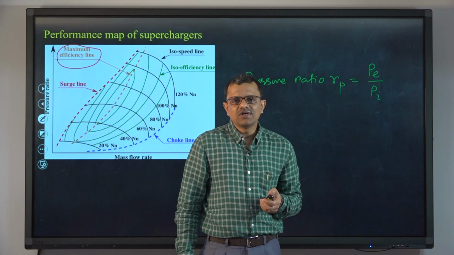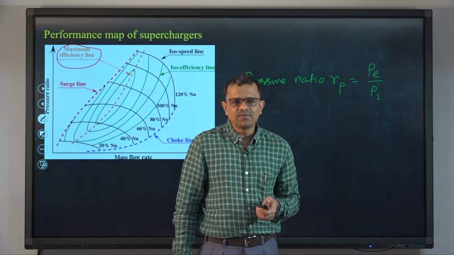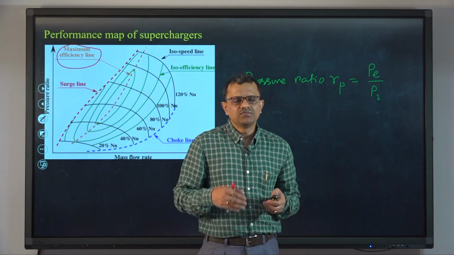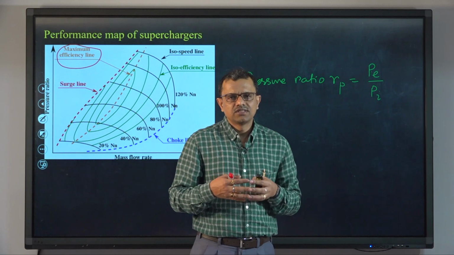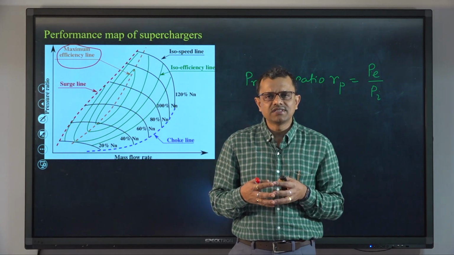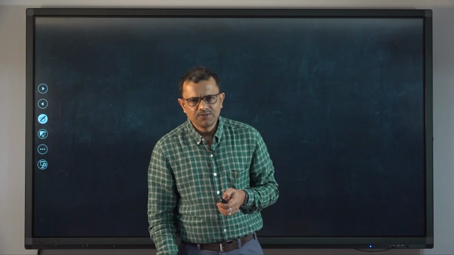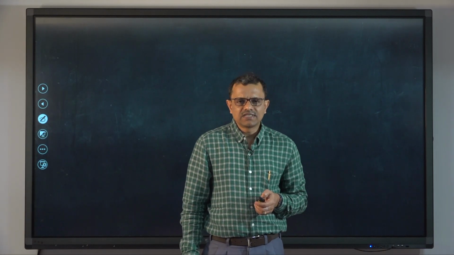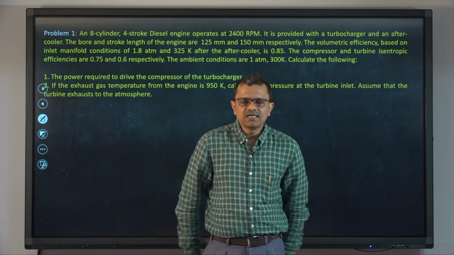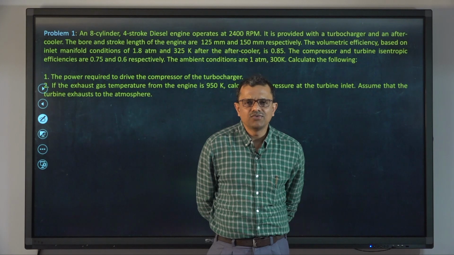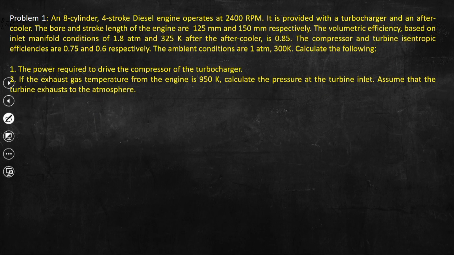So, with this, now let us move to solve one numerical problem to illustrate the theoretical part that we discussed in the previous class in the context of supercharging. Let me read the problem statement first, then we shall solve this. An 8 cylinder 4 stroke cycle diesel engine operates at 2400 rpm.